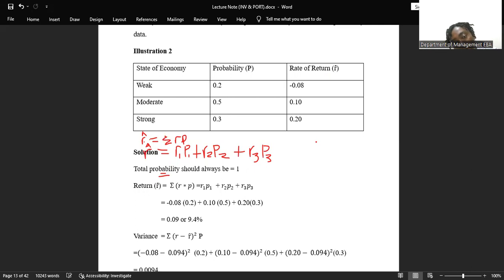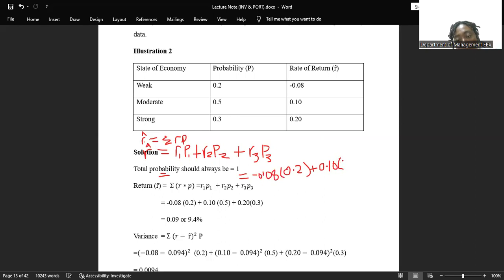this is quite simple, so I shall put it. I'm bringing the equals to here, right? Please, so that to be clear. So I said R1 times what? P1. And where is the R1? R1 is negative 0.08 times the first probability, which is what? 0.2. Plus the R2 is what? 0.10, then probability 2.